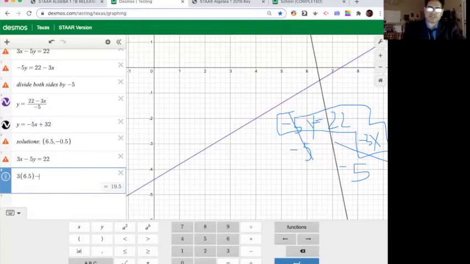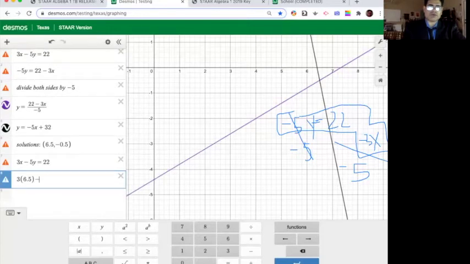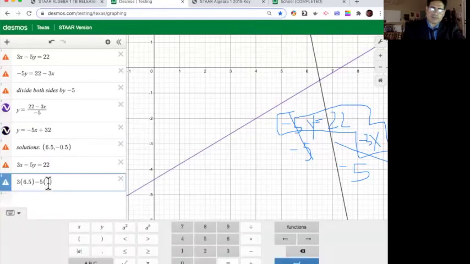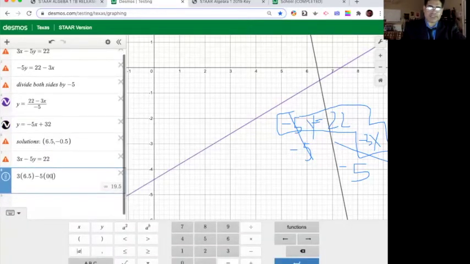Because if we try to do this, 5 times the y value of -0.5, we have the danger, and this often happens, that it multiplies this out by the -5 and then multiplies it. We don't want that.